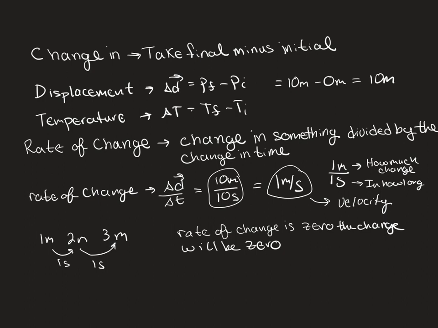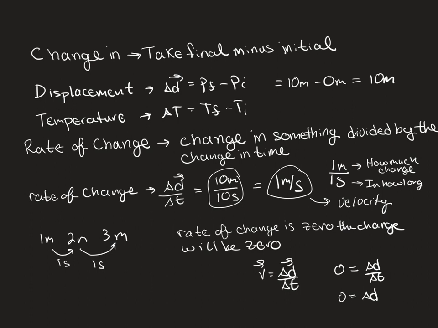If we look at the idea that velocity equals the change in displacement over the change in time, and I plug in 0 for velocity and rearrange, so we multiply delta t to both sides, we still get 0. Delta d equals 0. Our displacement is 0, so rather than moving, you're just standing in one particular position.